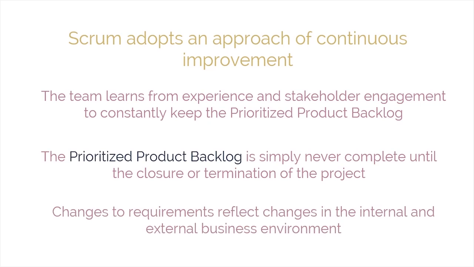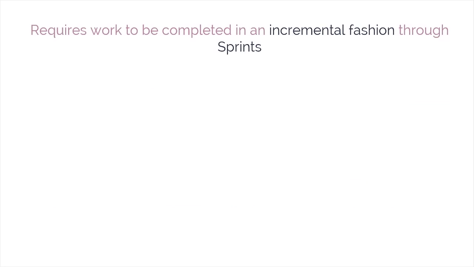Moreover, any changes to the requirements reflect changes in the internal and external business environment and allow the team to continually work and adapt to achieve those requirements. Through repetitive testing, Scrum requires work to be completed incrementally through sprints, rather than waiting until the end to produce deliverables. This means that errors get fixed right away, instead of being postponed until the end of the project.